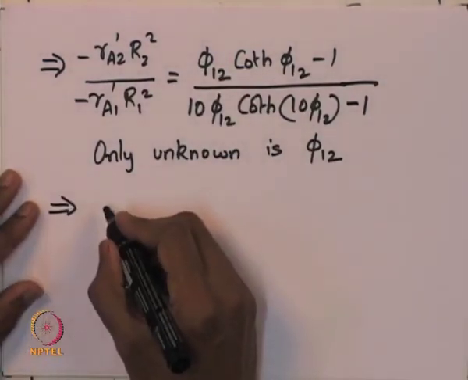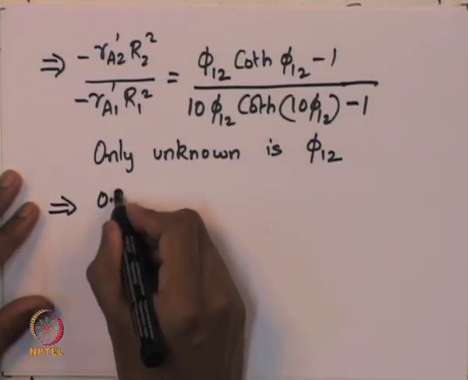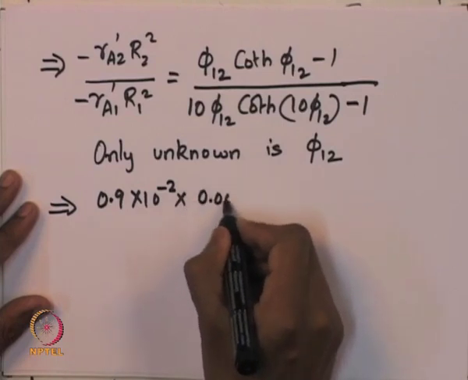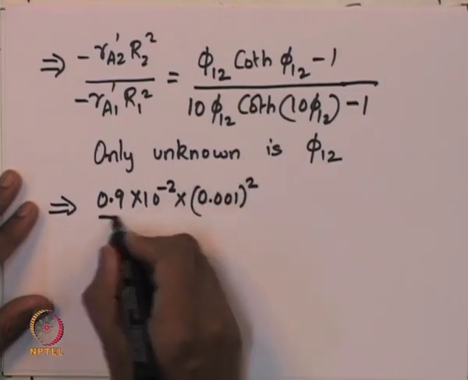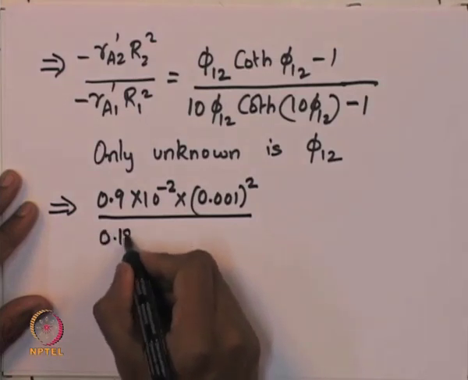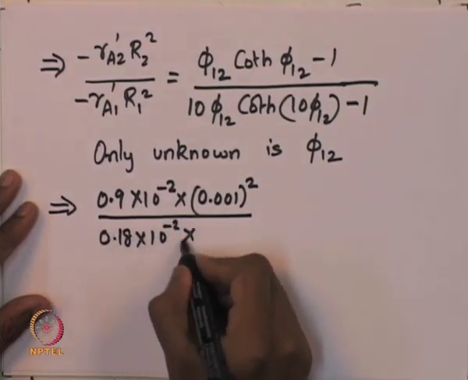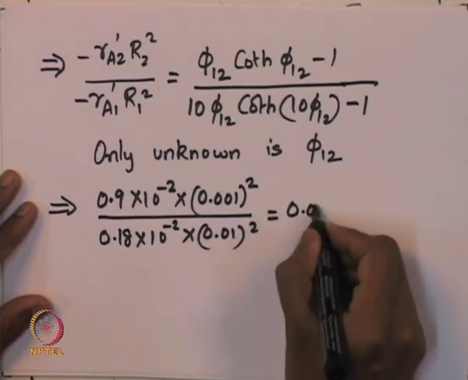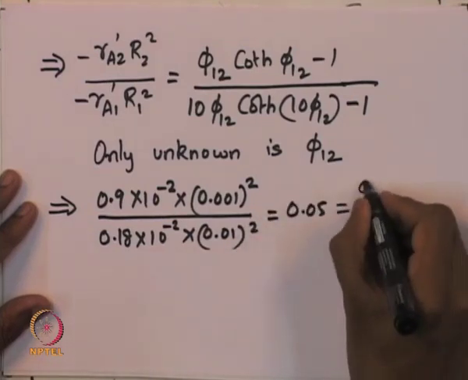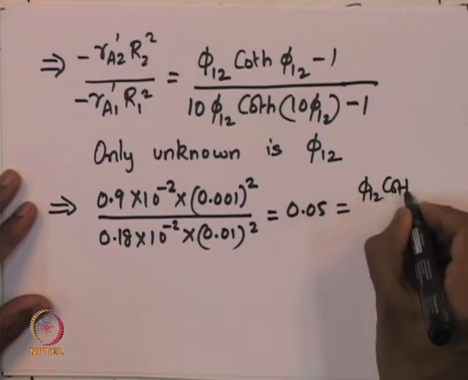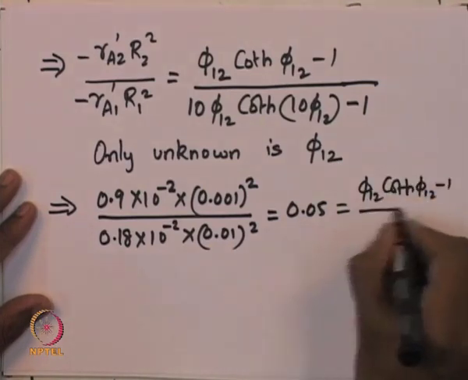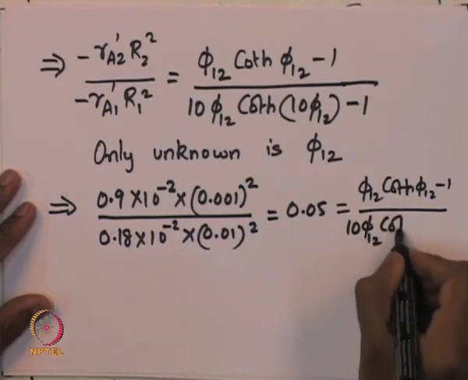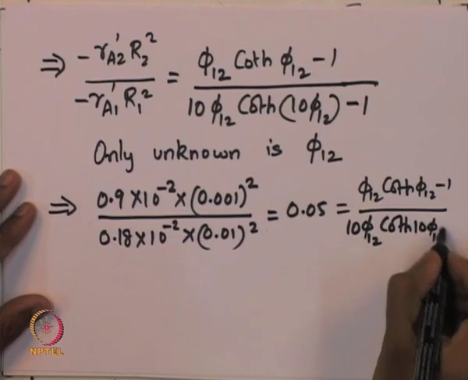So, the reaction rate for the second condition will be 0.9 into 10 power minus 2 multiplied by the square of the corresponding radius divided by 0.18 into 10 power minus 2 into 0.01 the whole square, and that is equal to 0.05, and that will be equal to phi 1 2 coth phi 1 2 minus 1 divided by 10 times phi 1 2 into coth 10 times phi 1 2 minus 1.